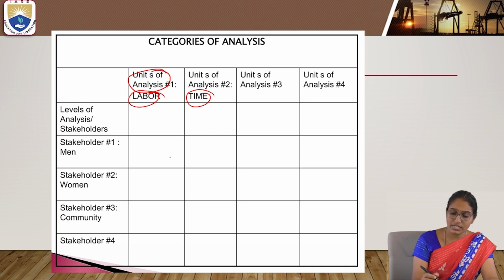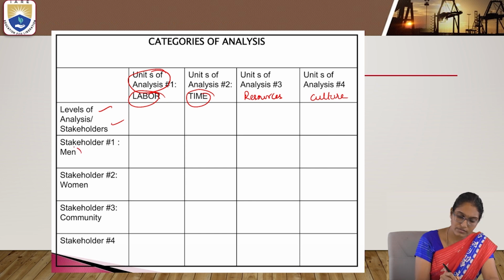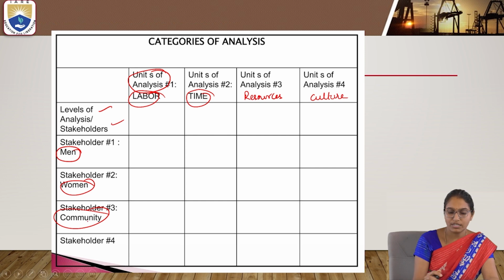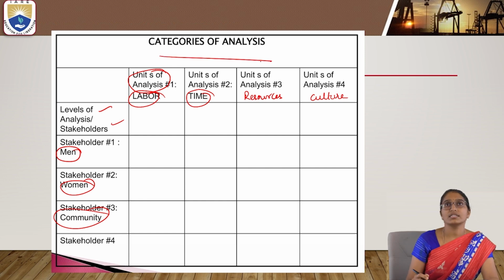And here it can be community or resources and the culture, I think. So here the level of analysis is stakeholders. First is men, then women, and then community. All these come under this gender analysis matrix.